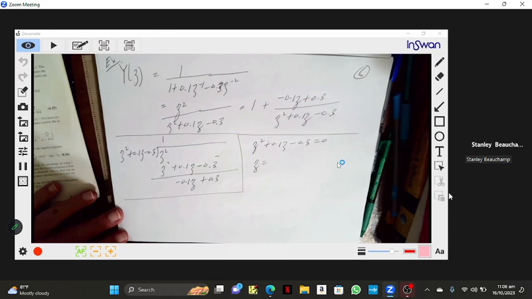I get z equal to half and negative 0.6. Where did you get that from? Let me make sure I write it right.